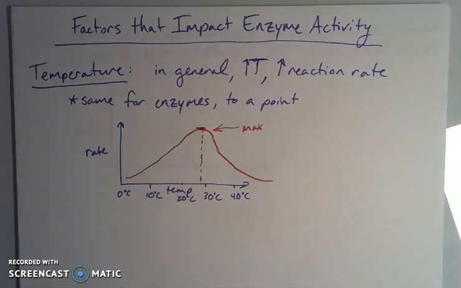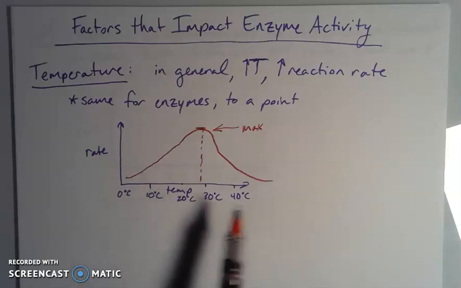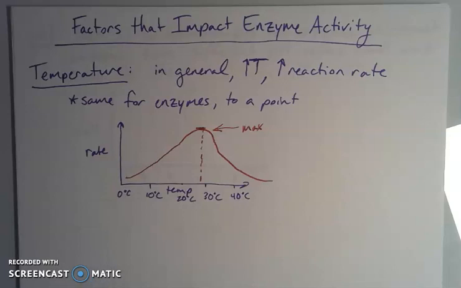For biological organisms, the body temperature, whatever that might be, for humans, of course, 98.6 degrees Fahrenheit, having proteins that work maximally in those ranges is very important. So the temperature matters, which is why when our body temperatures get too low or too high, that starts to slow down normal processes.